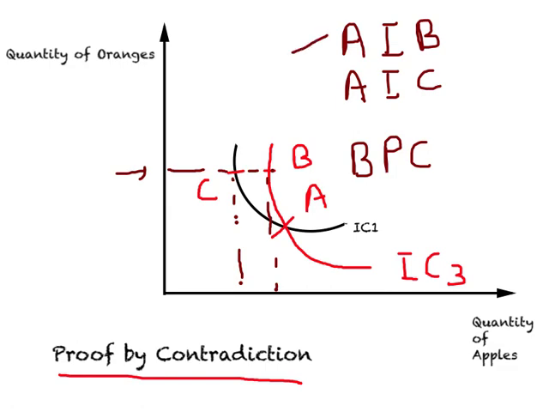And because we know these two statements are also valid, that means this person must be indifferent between B and C. So here we find two contradictory statements based on the assumptions we have made, and hence this is not possible, and that means two indifference curves can never intersect.